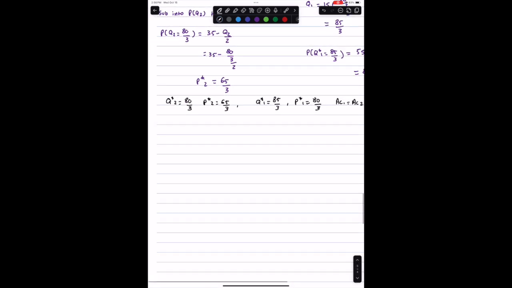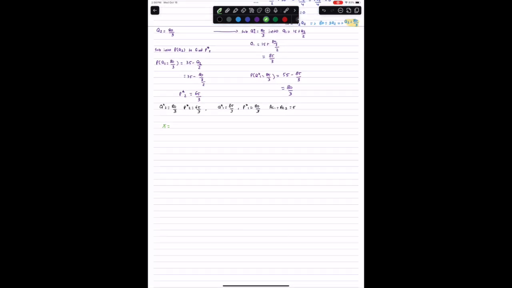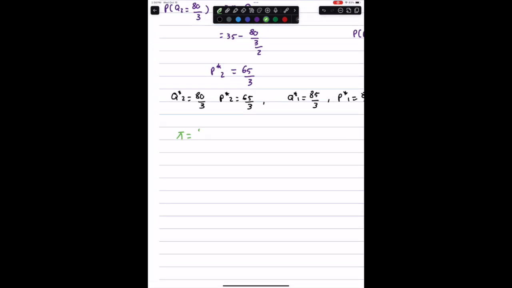Now we can solve for profit. Profit is equal to 80 over 3 times 65 over 3 minus 5 times 80 over 3, right?